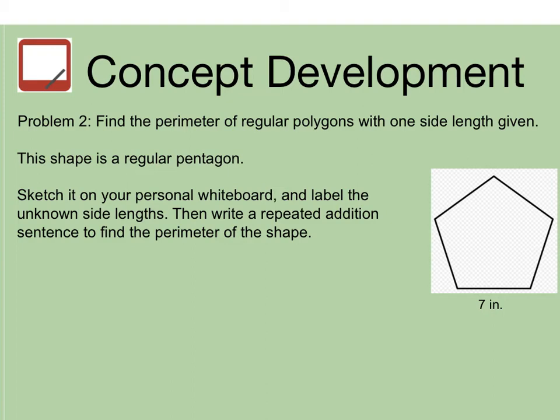So once again, a regular pentagon. So that means if one side is 7 inches, that means all of my sides would be what? Make sure you label those so you have all of your sides labeled of your pentagon, and you can pause this if you need to give you enough time to draw.